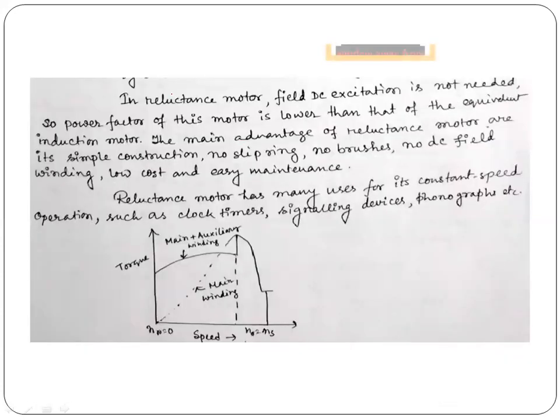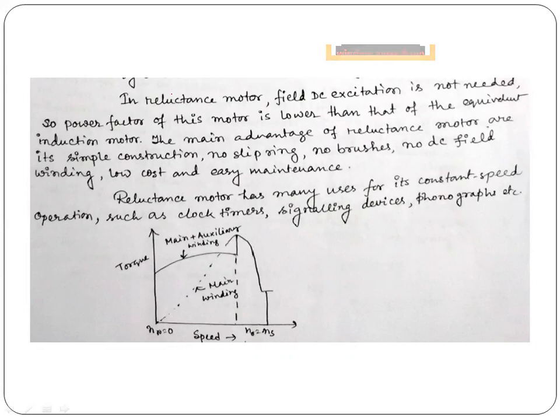In reluctance motor, the field DC excitation is not needed. Like synchronous motors, which need DC excitation, the reluctance motor does not need any kind of DC excitation because it starts with the principle of single phase induction motor.